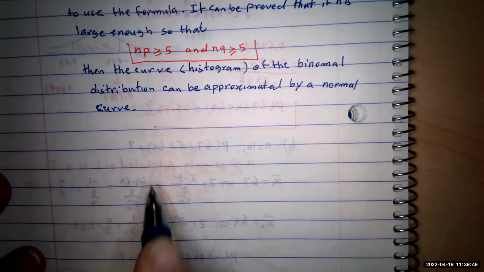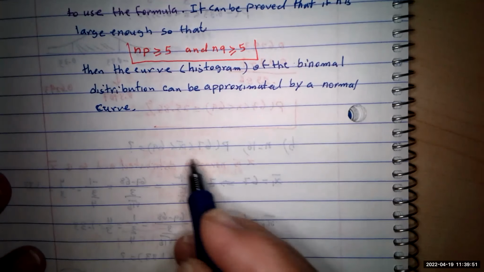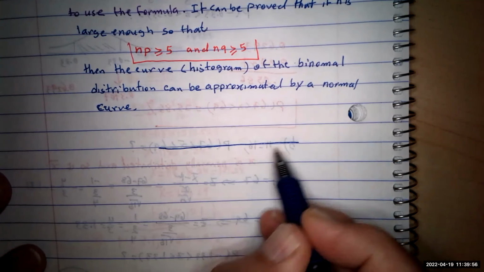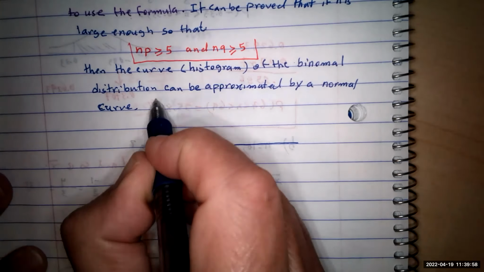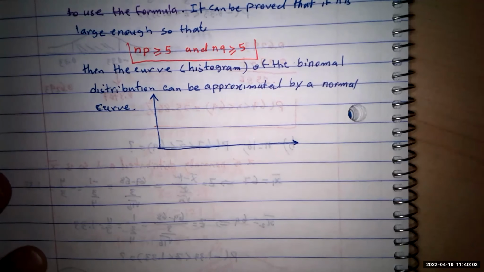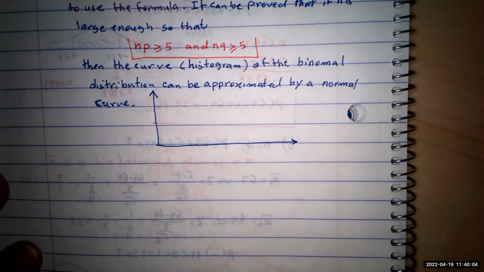This is the situation you're going to have. Just to give you an idea. When these conditions are satisfied, you are going to have the histogram of the binomial. Remember, the histogram was a connection of some towers.